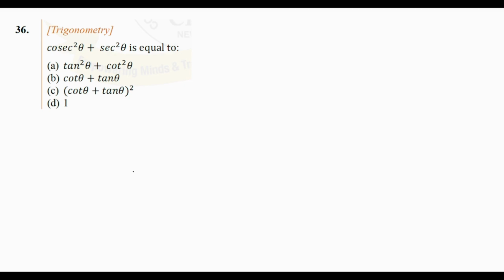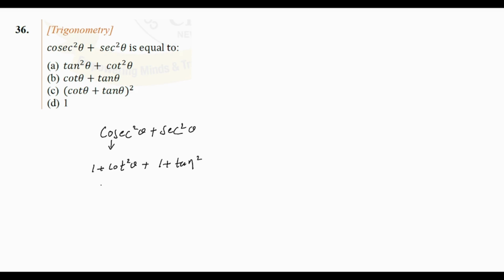The question belongs to trigonometry. Cosecant square theta plus secant square theta is equal to. So what I can write in place of cosecant square theta is 1 plus cot square theta, and in place of secant square theta, I can write 1 plus tan square theta.